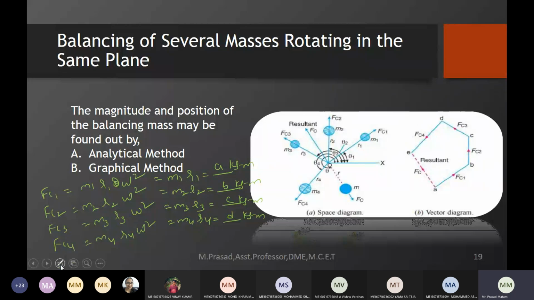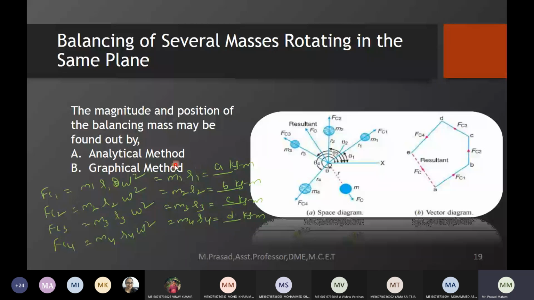So the length of vector AB is nothing but value A. The length of vector BC is nothing but value B. The length of vector CD is nothing but value C. And the length of vector DE is nothing but value D. A is the product of M1 R1, B is the product of M2 R2, C is the product of M3 R3, and D is the product of M4 and R4.